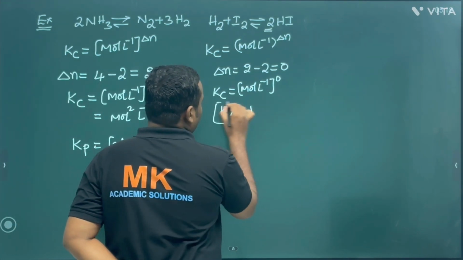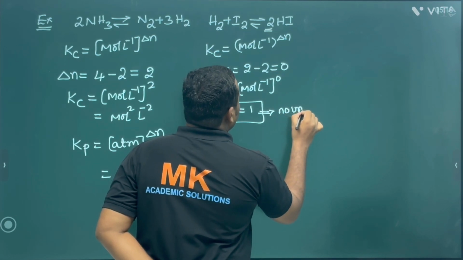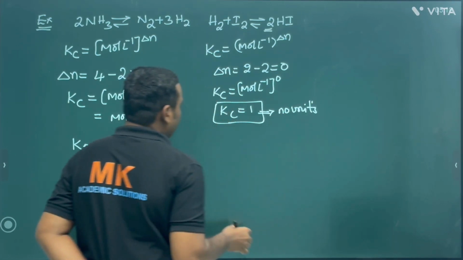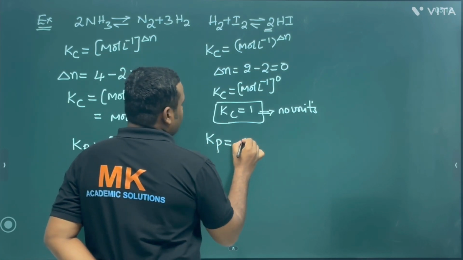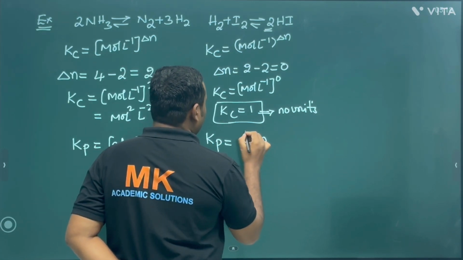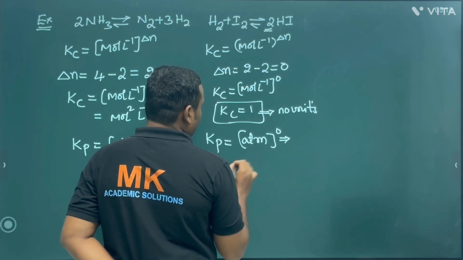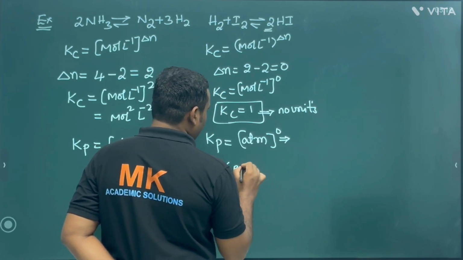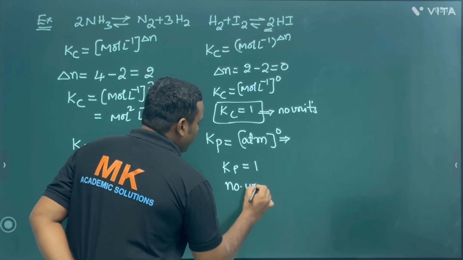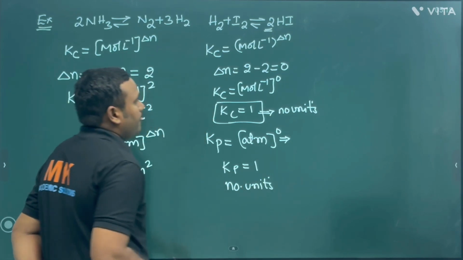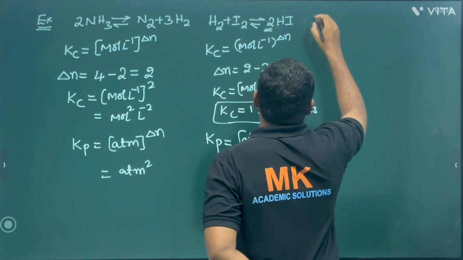So no units for Kc, and Kp also in the same manner, Kp is atmosphere to the power 0, means here also Kp is equal to 1. So here also no units. Next, let us take one more example.